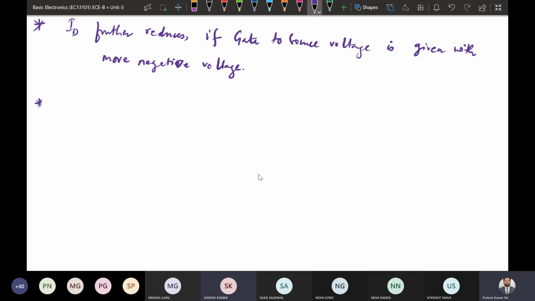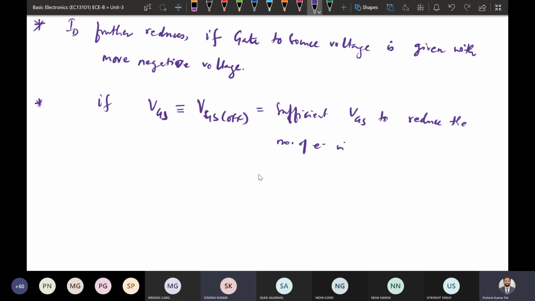If we further increase VGS to VGS off, that is, the VGS sufficient to reduce the number of electrons in the channel to 0, that is called VGS off.